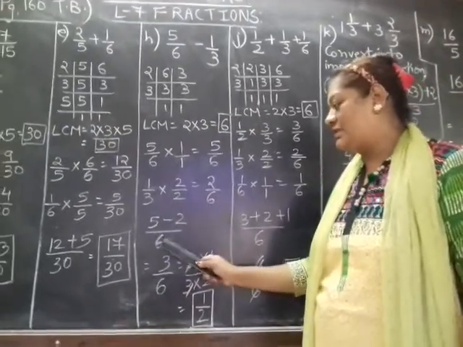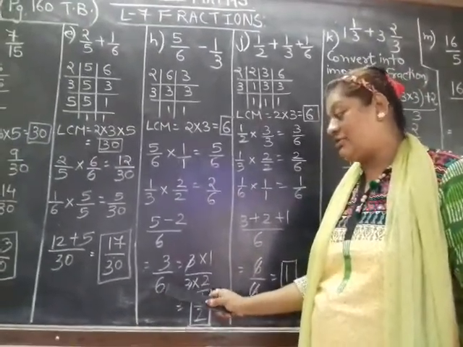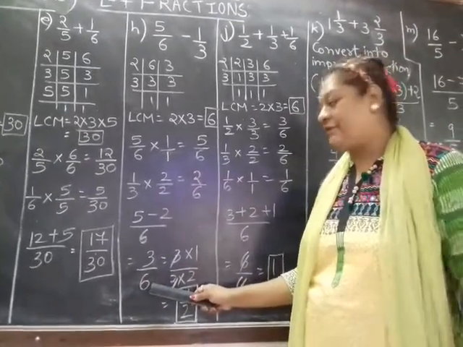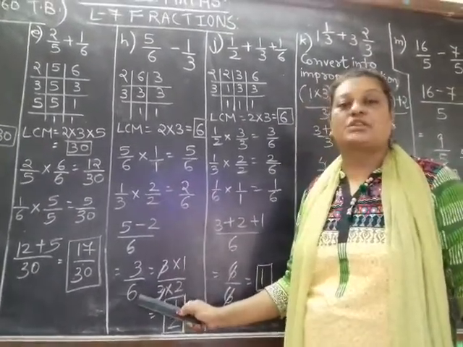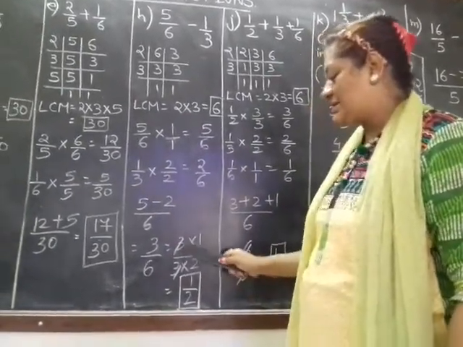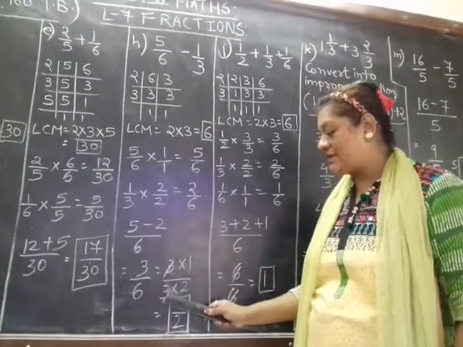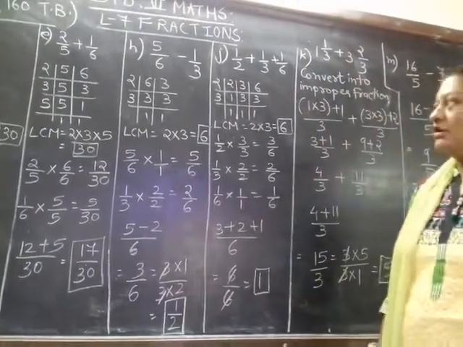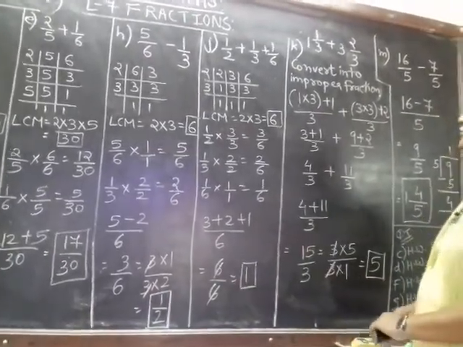So 5 minus 2 is equal to 3 upon 6. Now children, be very careful. 3 upon 6 can be solved further into reduced form or simplest form. So 3 1s are 3, 3 2s are 6. Numerator and denominator have the same common number 3, so I cut it out. So my answer is 1 upon 2. Hopefully this is clear to you.